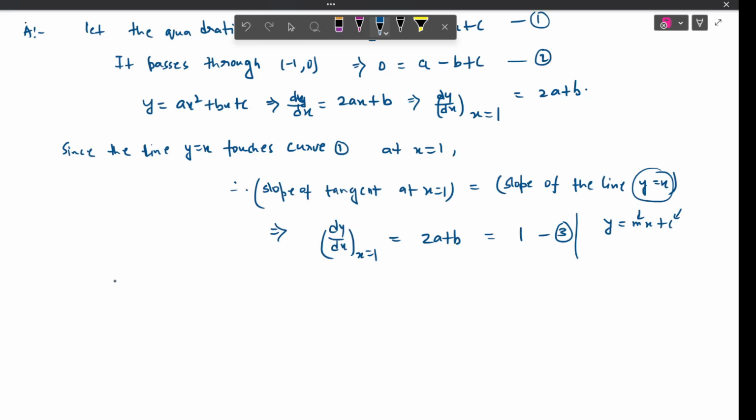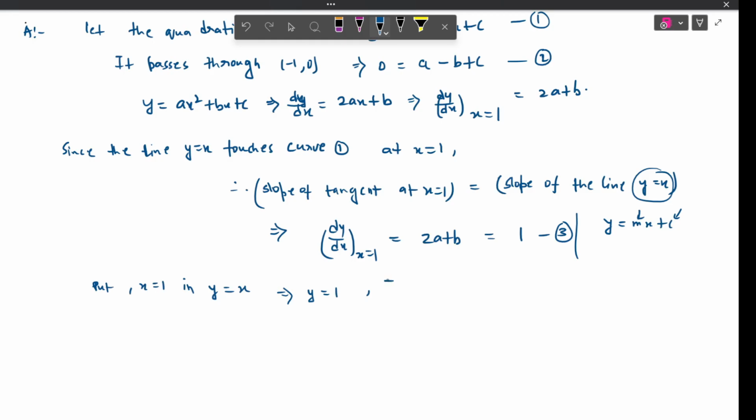Okay. Now let us put x equals to 1 in y equals to x. So you will get y equals to 1, right? So x is 1, y is 1.